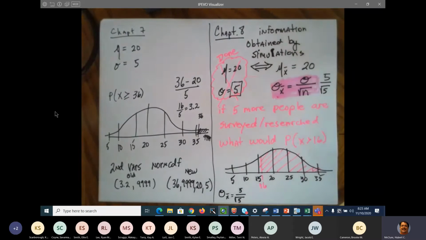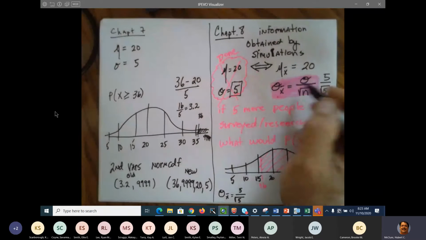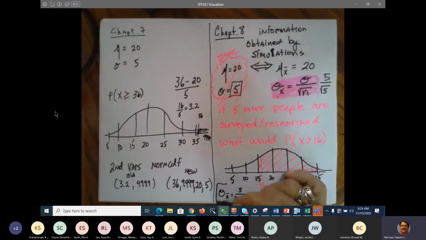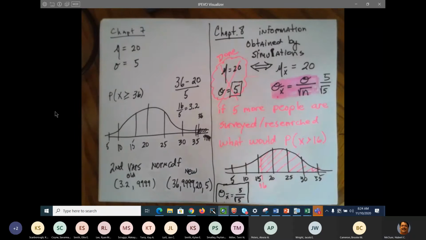And that's basically going to give you a new z-score. Because you're going to change that new standard deviation into this, and then you're going to change that 16 to a z-score. Or if you've got a newer calculator, you're going to put this in for your new standard deviation. And I'm going to write that on the next page.